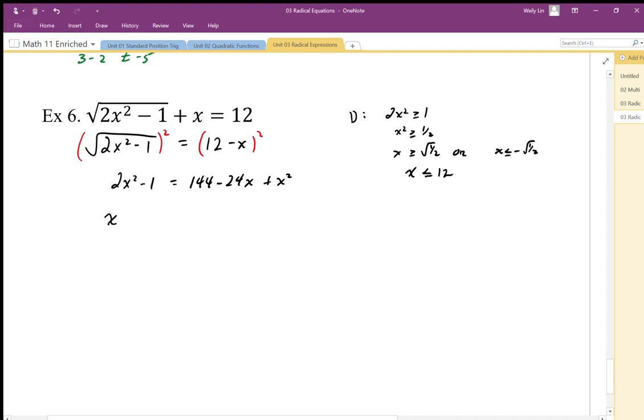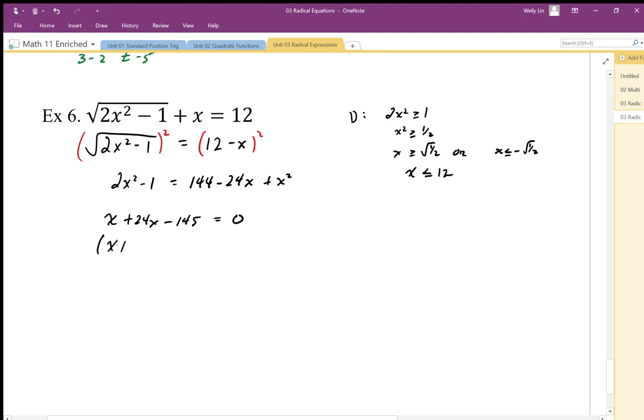Combine like terms, so subtract x² from both sides, add 24x to both sides, subtract 144 from both sides, and it's going to be equal to 0. So I'm looking for two numbers that multiply to 145 and have a difference of 24. Ooh, that's a little bit tough. Maybe 29 and 5. Okay, I think 29 and 5 would do it.